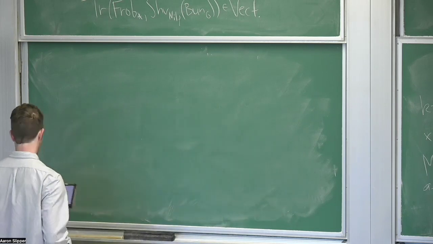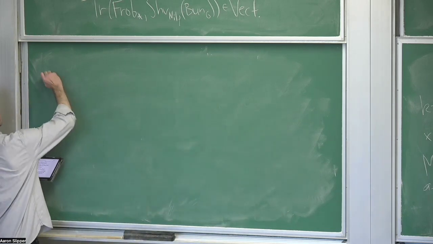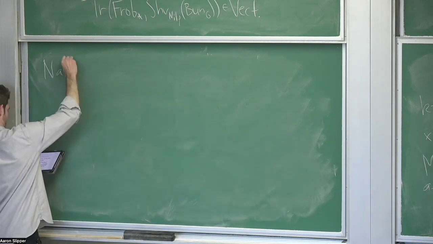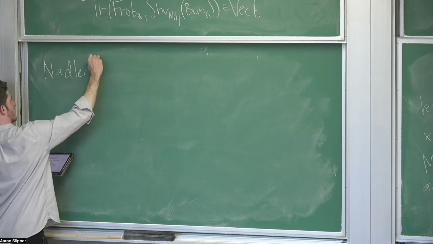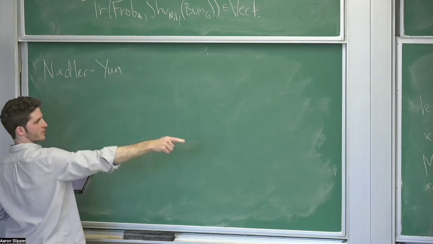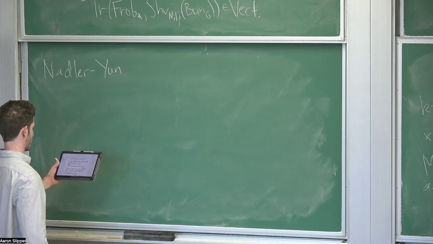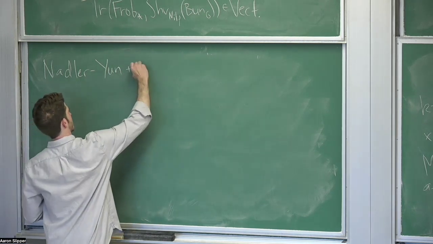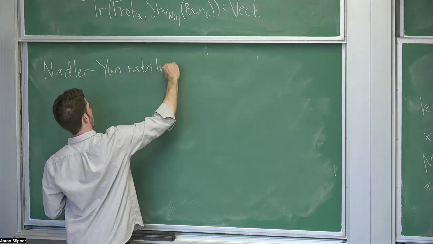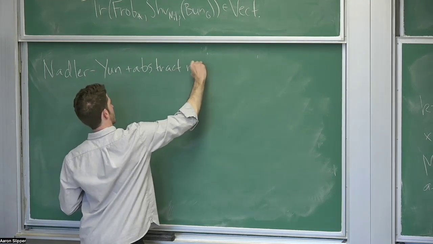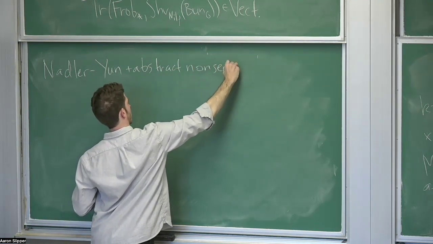Okay. Now, if we apply this theorem of Nadler and Yun, so actually I won't use the converse theorem right away, and apply some abstract nonsense, which I think is itself also due to Gaitsgory.